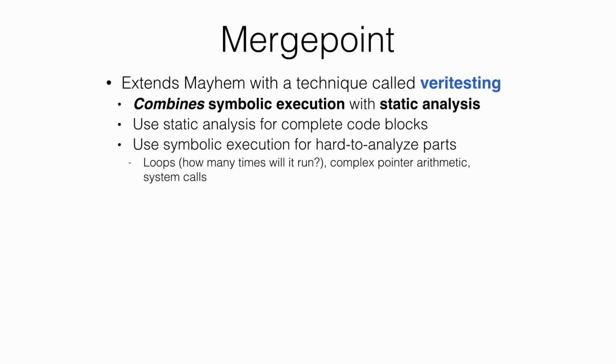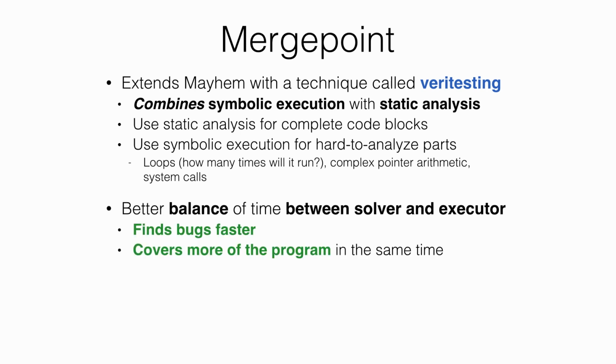It will use symbolic execution for hard-to-analyze parts of the program, in particular loops, for which it may be hard to determine how many times it will run, as well as complex pointer arithmetic and system calls and so on. So this produces a better balance of time between the solver and the executor, resulting in better bug finding, that is, bugs are found faster, and more of the program is covered in the same period of time.